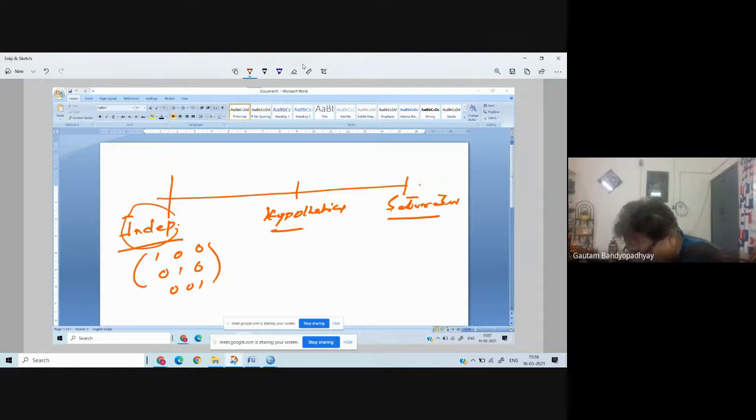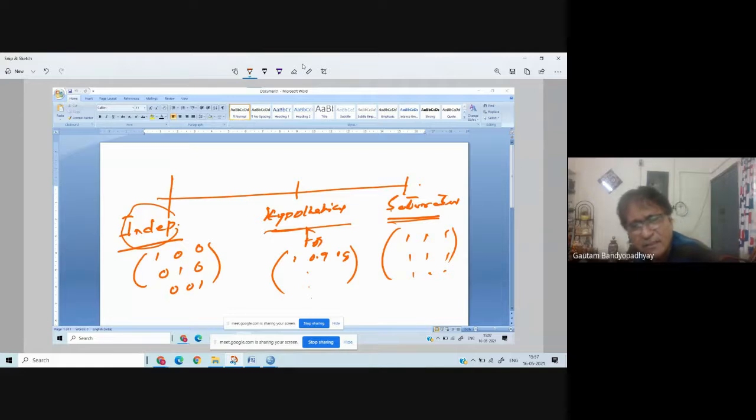Unit matrix means all the variables are independent. Hypothetical model means factor analysis, where there is a high correlation matrix, with values like 0.9, 0.8. So this is called the hypothetical model. And what is the saturated model? Now all ones, so naturally it is all saturated.